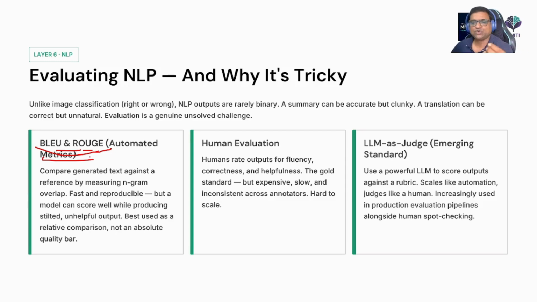You have to compare the generated text with a reference text. This only works if you have a text to compare, and it will validate and confirm that, okay, my model is perfect. But to be honest, they are not 100% perfect. A model may score well but still produce unnatural outputs, right?